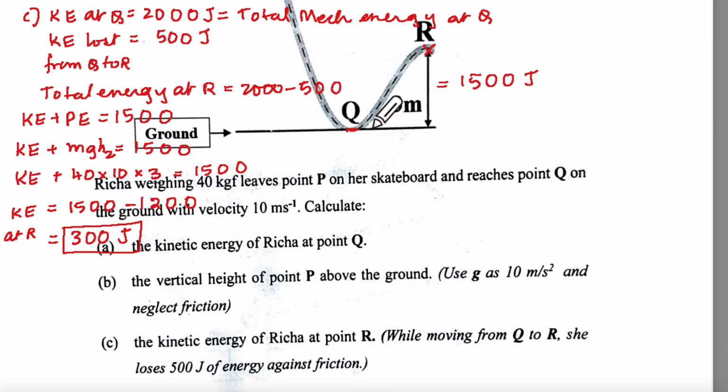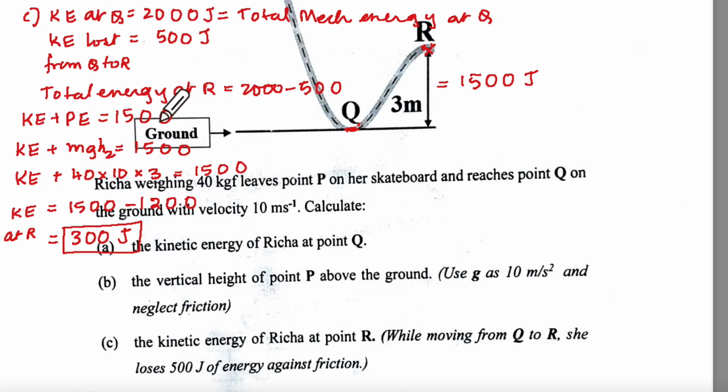Let me double check. Whatever was at Q, that came here. So the total mechanical energy lost is 500 from Q to R. Total energy at R will be 2000 minus 500, that is 1500, is correct.